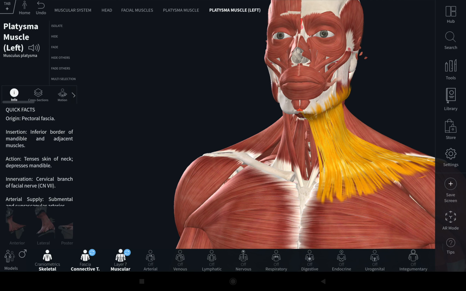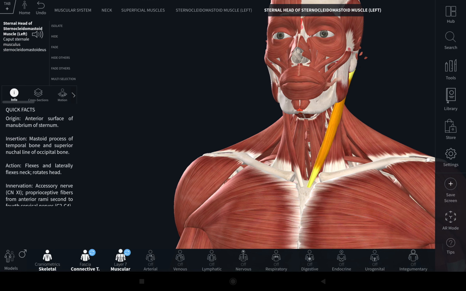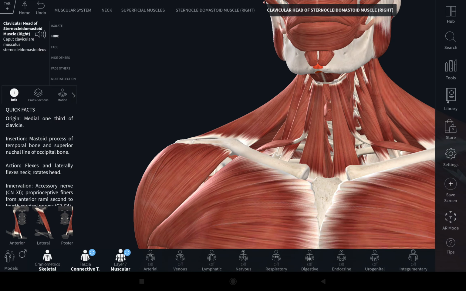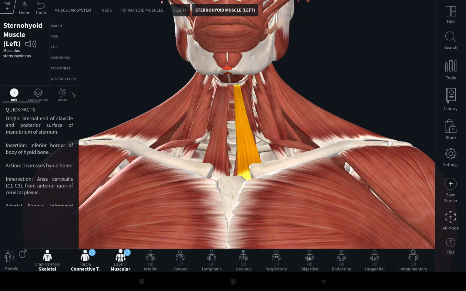This is the left side of the platysma muscle. We remove it. The sternocleidomastoid has been exposed. Then we remove the sternocleidomastoid muscle. And now the muscle exposed in the neck is the sternohyoid muscle.